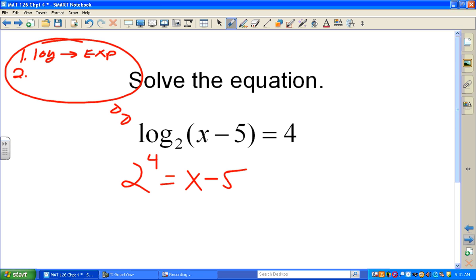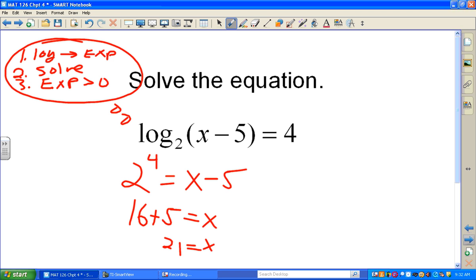Good. 2 to the 4th is 16, so we got 16 plus 5 equals x. x equals 21. So we find it, we solve it, and then what's the third thing we have to do with our solution we just talked about? Check it to make sure the expression stays positive. And does it stay positive? Yes, it does. So now we have an answer. Excellent.